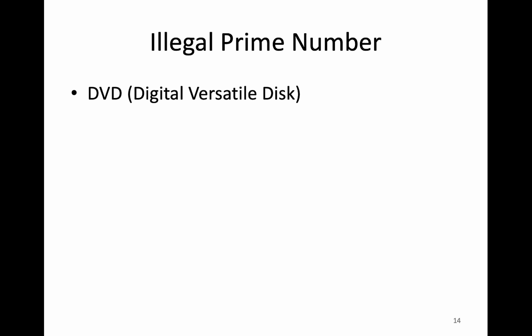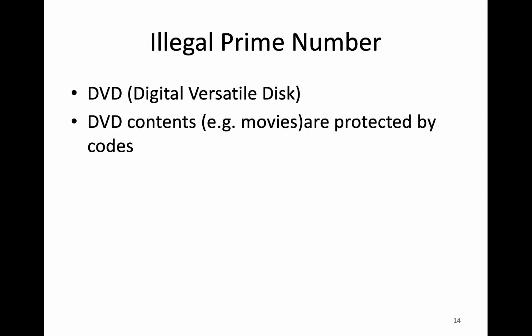I'm not sure if you have heard about it or have seen a DVD, but it used to store movies. Since people do not want the movies to be copied by different people, basically we are not allowed to copy the contents of the DVDs into a computer or into another storage. So the DVD contents are usually protected by codes.